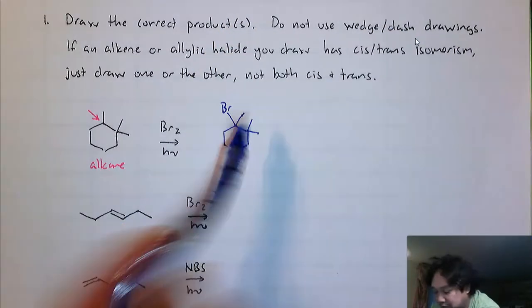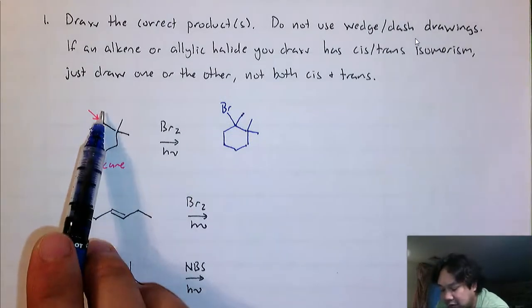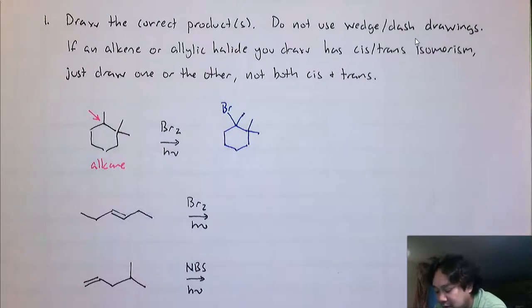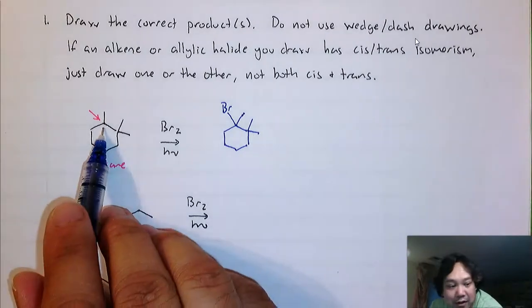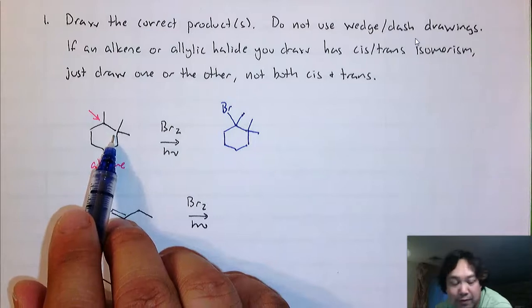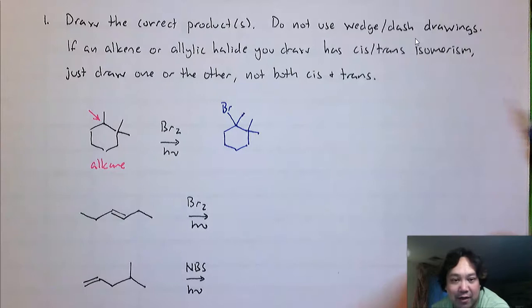Don't forget that methyl group. So you just can't plop a Br right here, because you're going to lose that methyl group if you do that. You have to draw a new bond to the bromine, because what happens in this reaction is that you form a tertiary radical. You notice that you can't form a radical on the right because there's no hydrogen to abstract. In this mechanism, you abstract a hydrogen to make a radical.